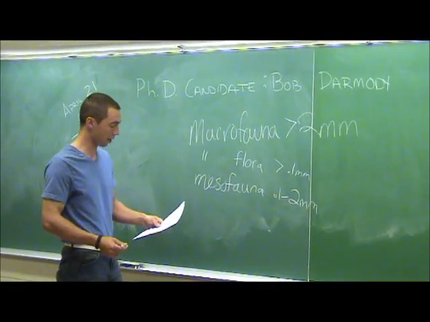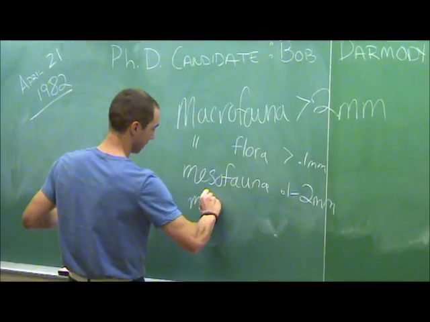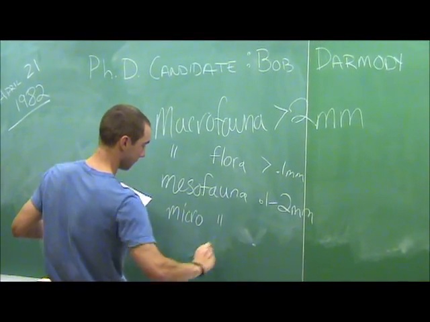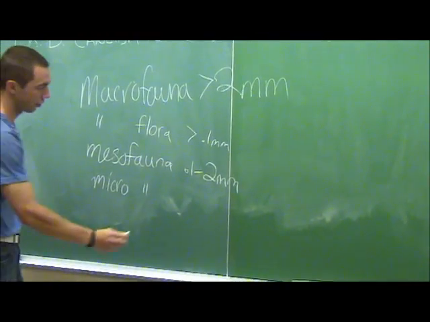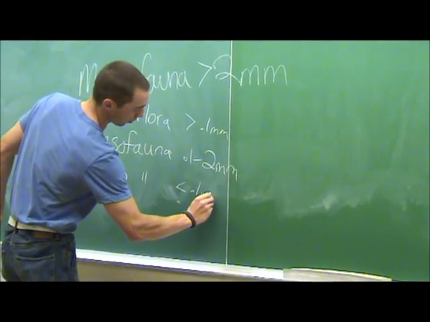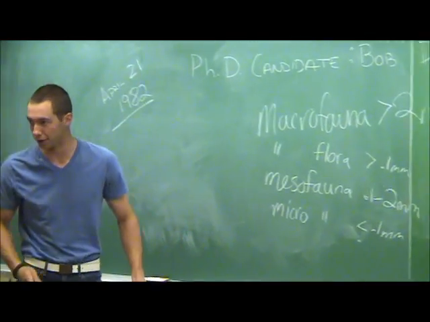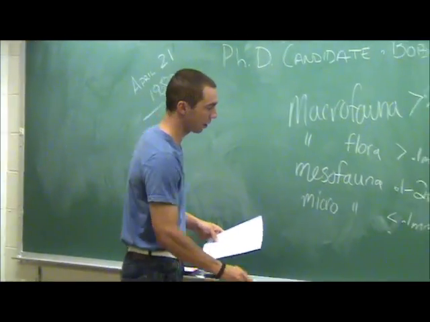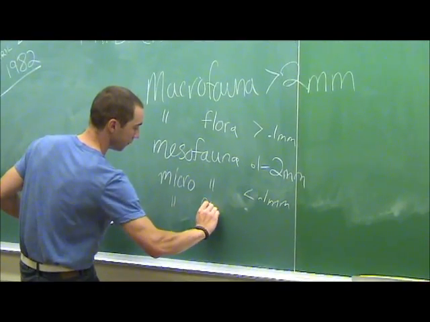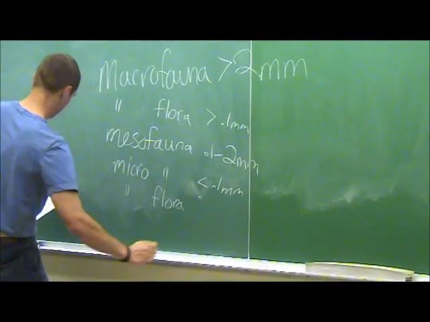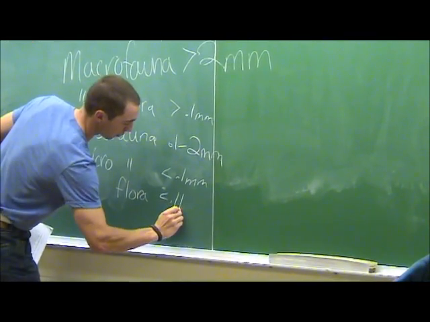Next after that, we have microfauna. These are less than 0.1 millimeters, so they're really, really small. We're going to need a microscope to look at those later. And after that, we have microflora. These are also less than 0.1 millimeters.